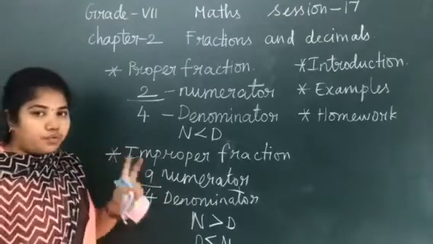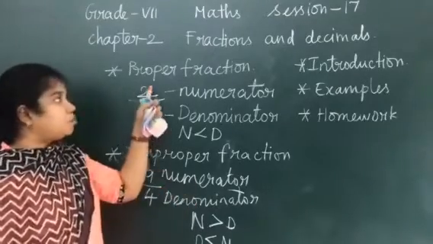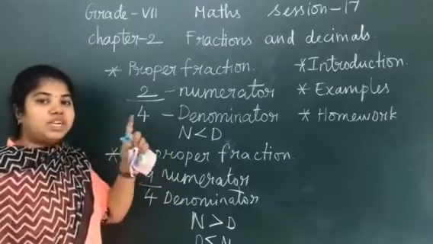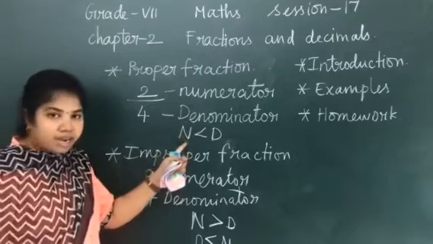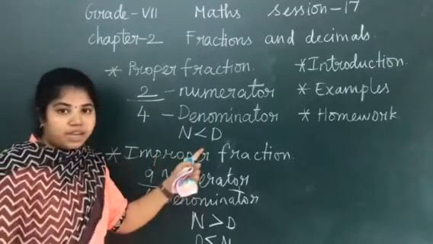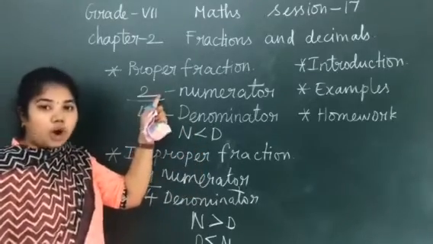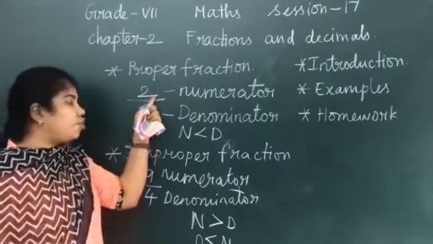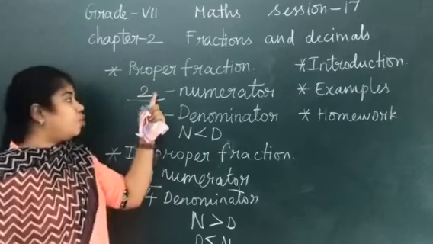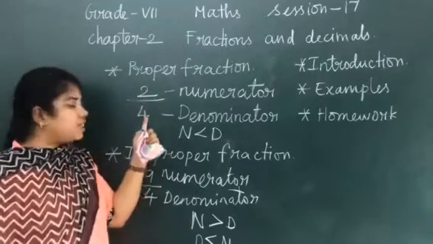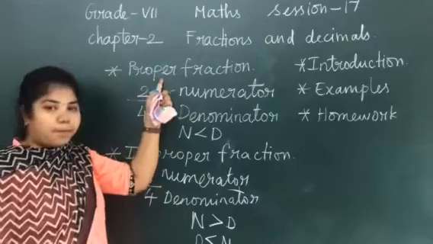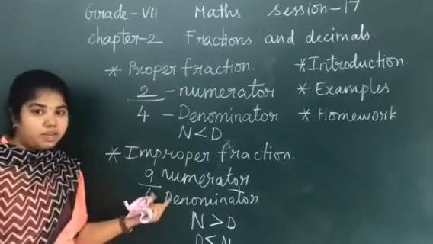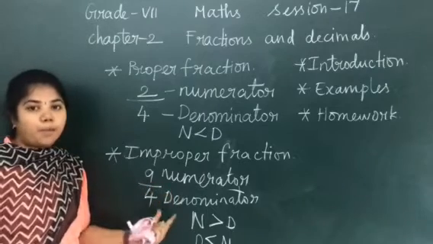So, what are the two fractions that we dealt with now? Proper fraction and improper fraction. For a proper fraction, take any example, my numerator should be less than the denominator. That is, the number on the top should be less than the number on the bottom. This is numerator and this is denominator. If my numerator is greater than the denominator, then it is an improper fraction.